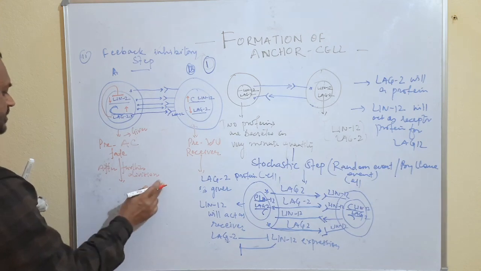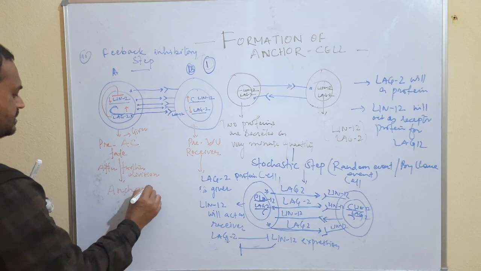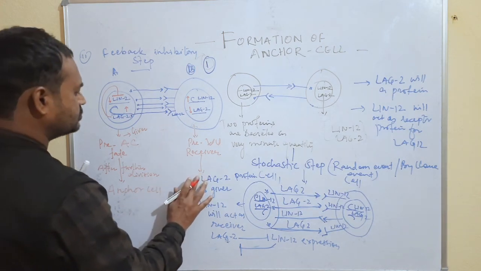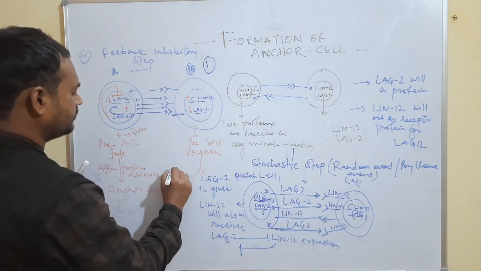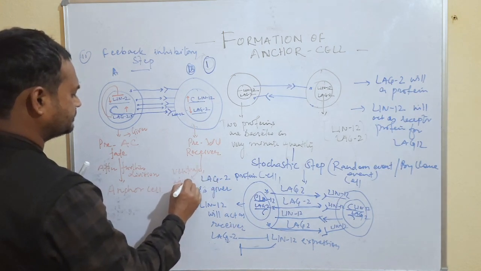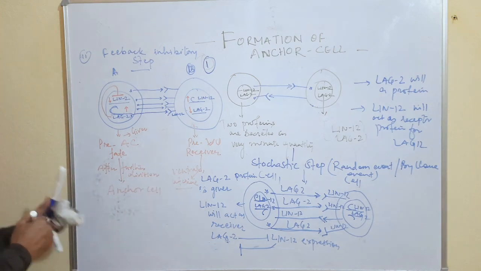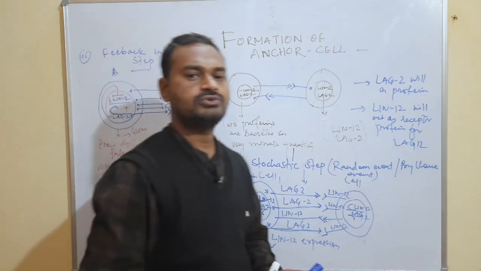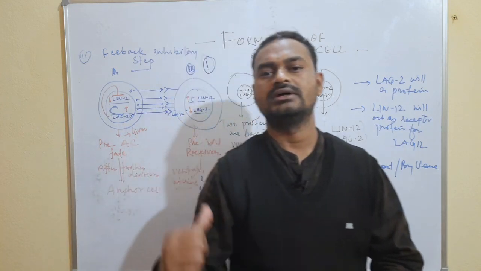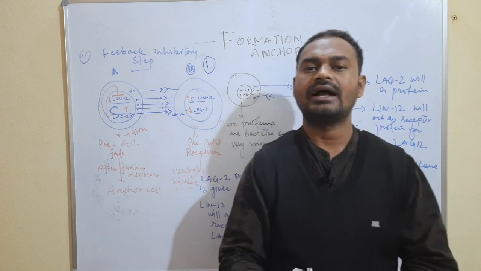After further division it will form an anchor cell, and this will form the ventral uterine. So this was the process of formation of the anchor cells.